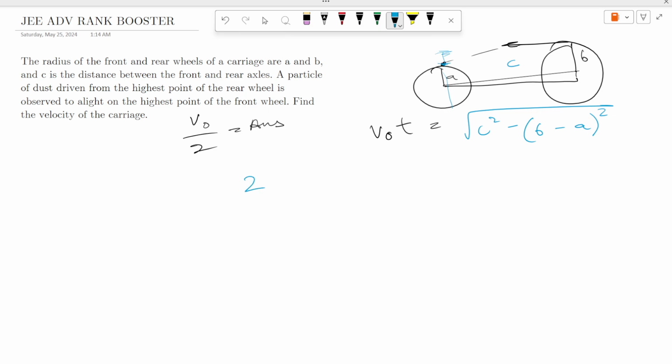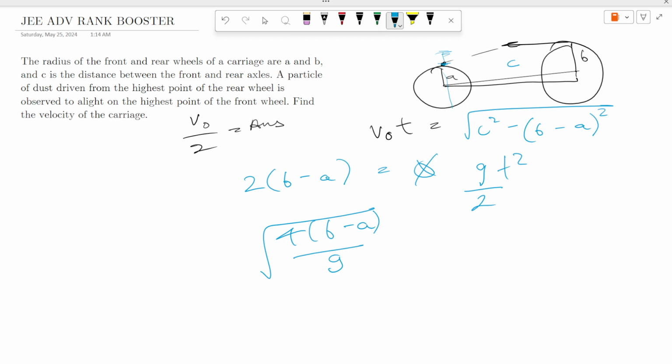So the total height it travels is 2(b minus a). Initial velocity is 0 and the acceleration is g, so 2(b minus a) equals half g t squared. So t becomes the square root of 4(b minus a) upon g. This is going to be the expression for our time.